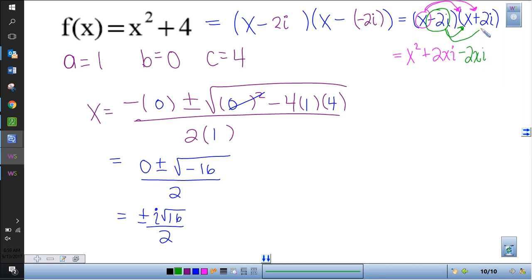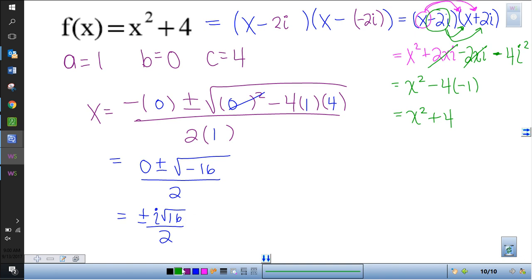Then I distribute it again, and negative times a positive is a negative. 2 times 2 is 4. i times i is i squared. But first, those cancel. Plus and minus of the same amount, they cancel. But remember, this i squared is really negative 1, because the square of the square root of negative 1 is just negative 1. So 2 negatives become a positive.